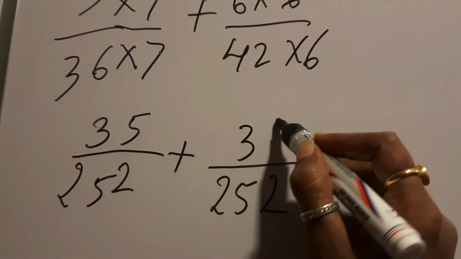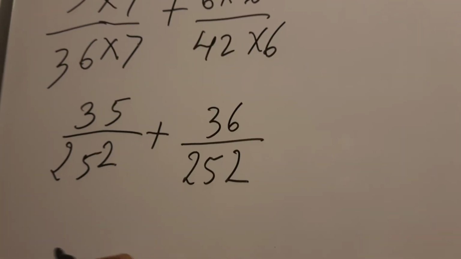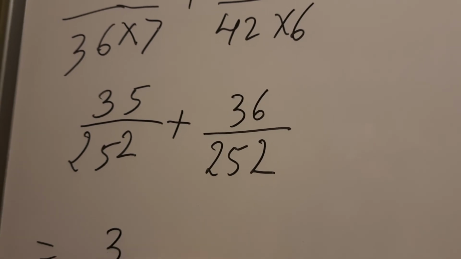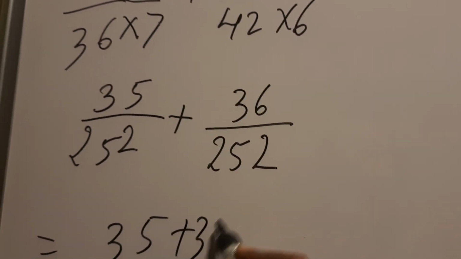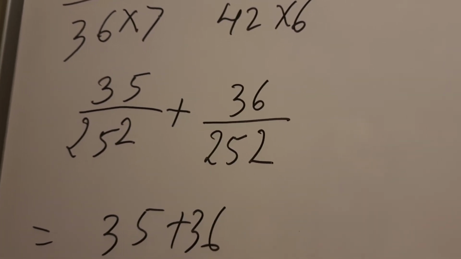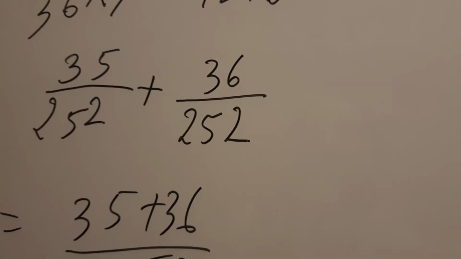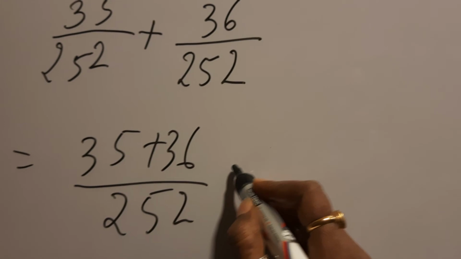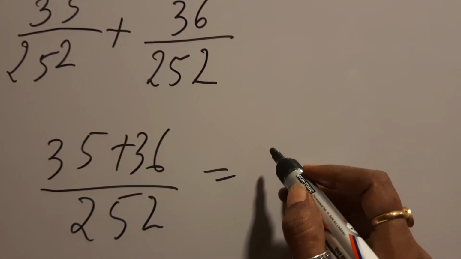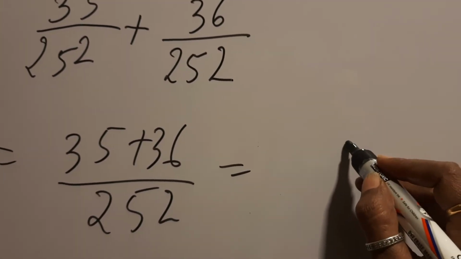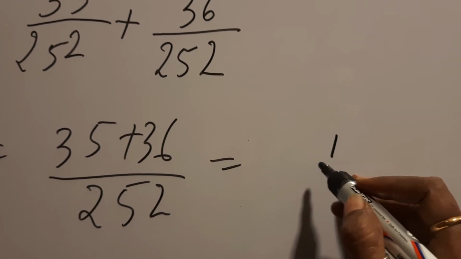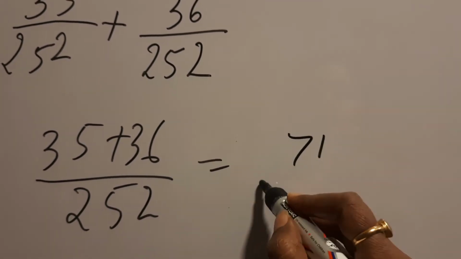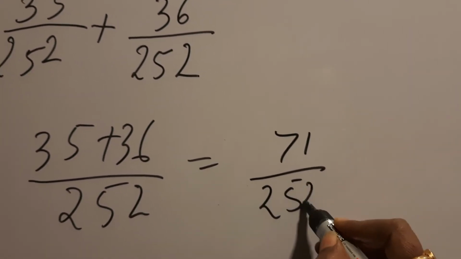6 6s are 36. Next step, 35 plus 36 to be written under one roof, that is 252. Okay, now add them. It's equal to 35 plus 36 will give us 6 plus 5, 11, 1 carry, 6, 3 plus 3, 6, 71 upon 252.